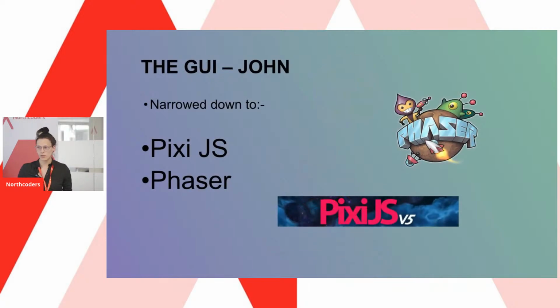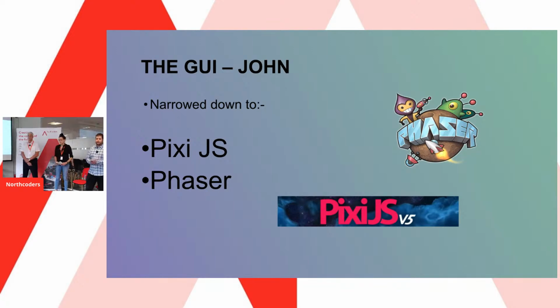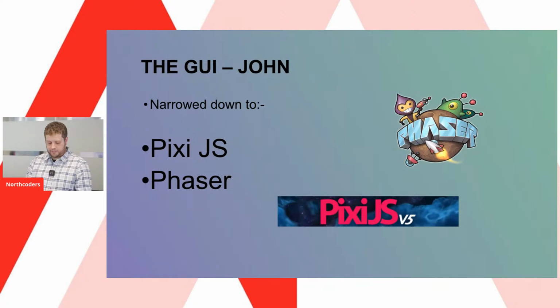Now to John. During our spiking phase, we looked at various different technologies for rendering the characters or sprites on the screen. Our aim was to make a simple 2D game, so we discounted libraries such as Three.js, which we found were more designed for creating 3D graphics. Two main contenders that came up were Phaser and Pixi.js.